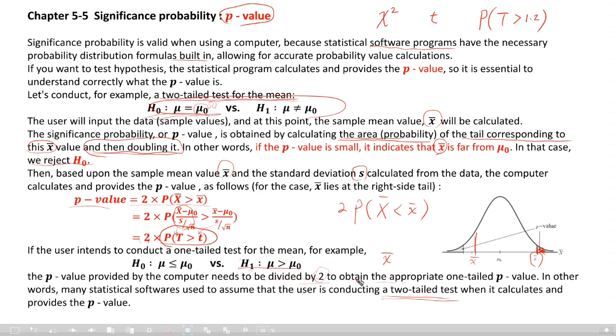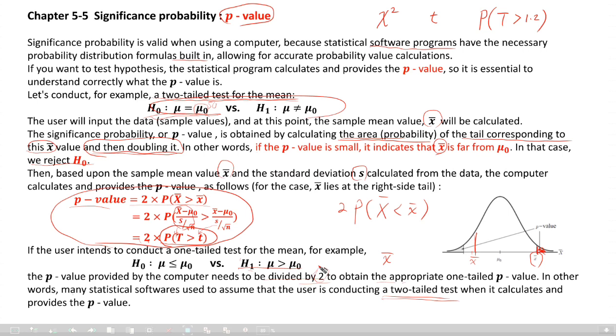You understand that? I think this one is for the two-sided, two-tailed test. If it is a one-tailed test for the mean, then the p-value provided by the computer should be divided by 2 because we want the tail probability on only one side.